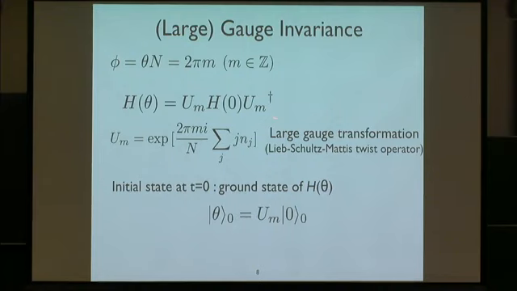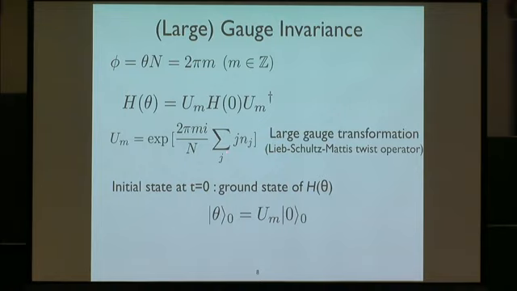If you write down the Hamiltonian, this side has a non-vanishing vector potential, but this side has zero vector potential. So obviously the Hamiltonians are different. But equivalence means that they are connected by some unitary transformation, which is a gauge transformation. But this gauge transformation winds a phase in a non-trivial way. So this is called a large gauge transformation.